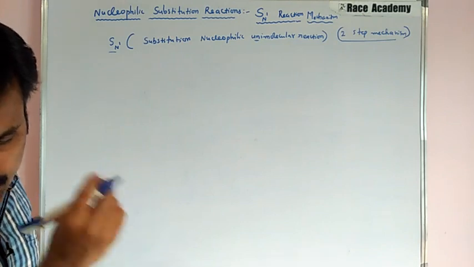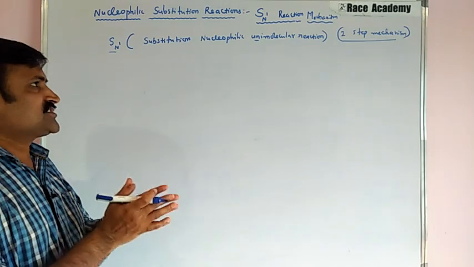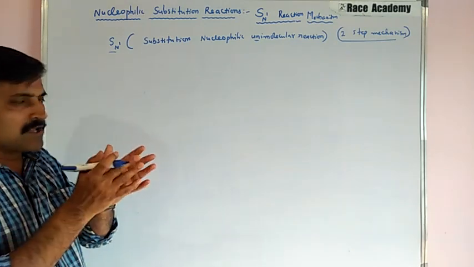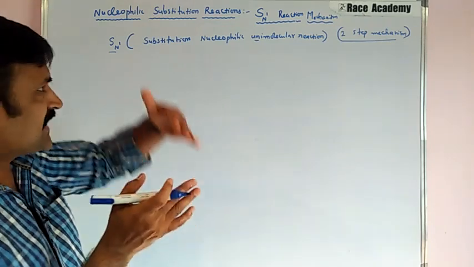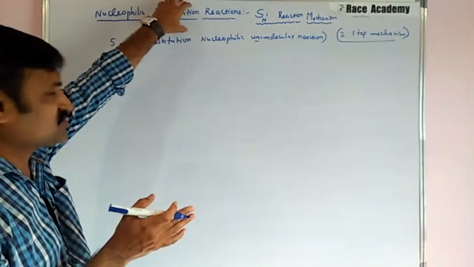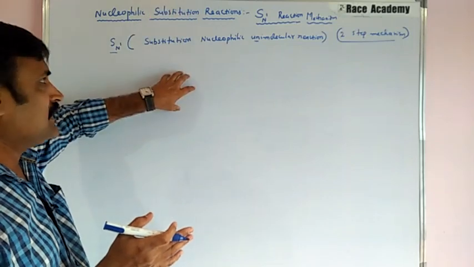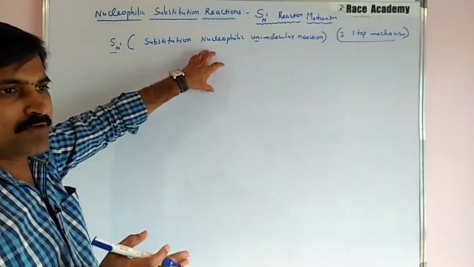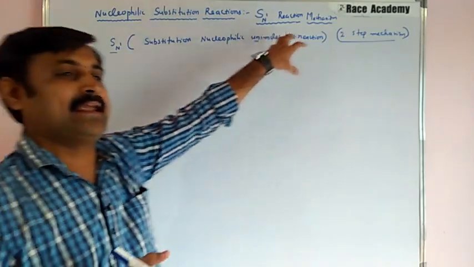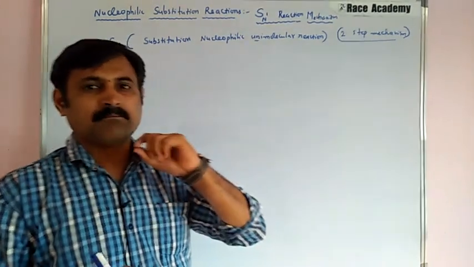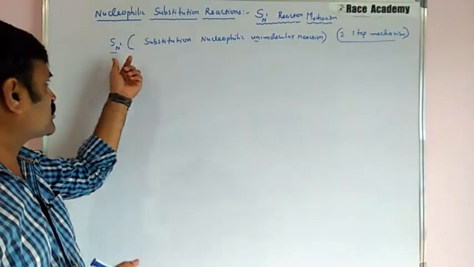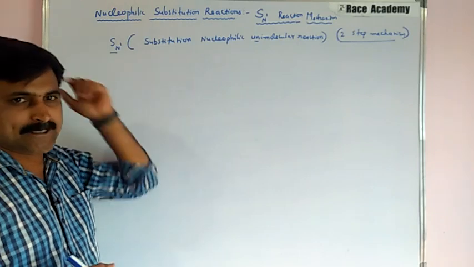I will give you an example. Hydrolysis of alkyl halides is an example of nucleophilic substitution reactions, whereas alkaline hydrolysis of tertiary alkyl halides is the best example for demonstrating the SN1 reaction.